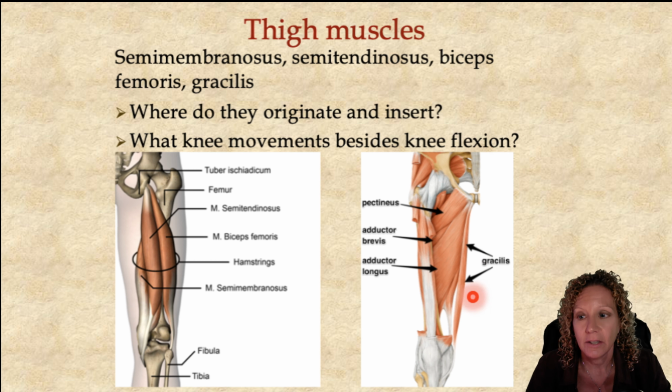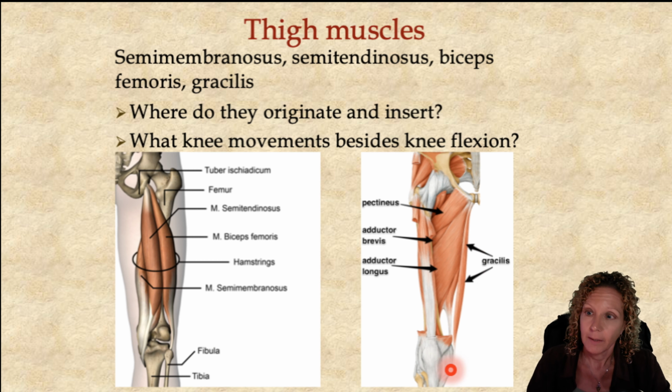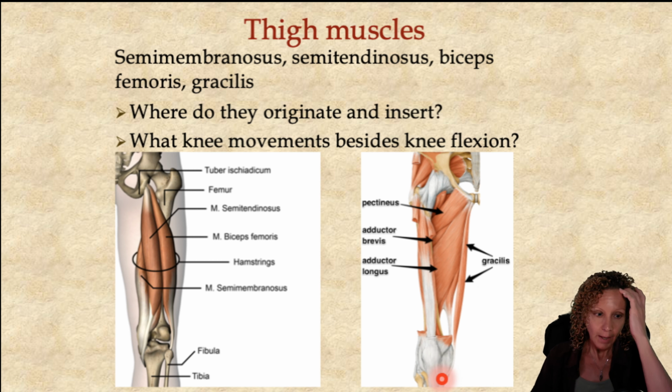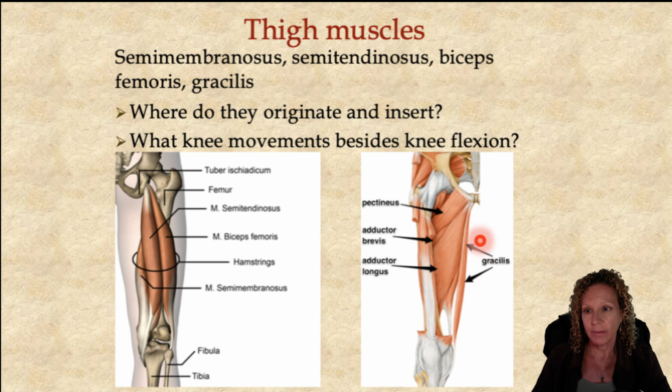And taking a look at the gracilis, we see that coming from the pubis, inserting along the tibia. And it not only helps with knee flexion, it also helps with adduction, because it's inserting along here.